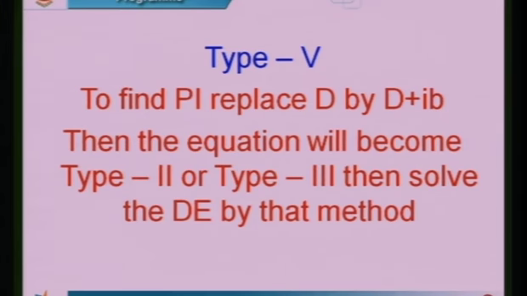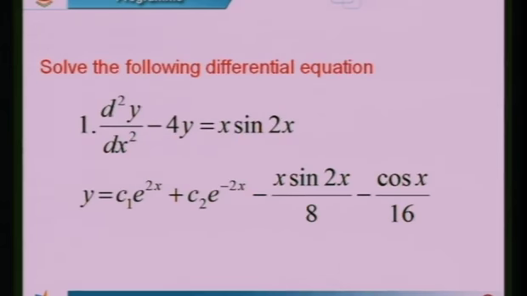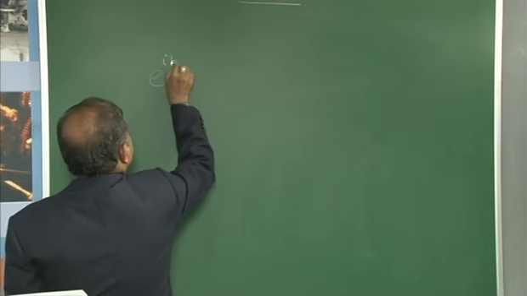So type 5 reduces first to type 4, then with the help of type 4 we do the type 2 or 3 equations. Now let me give you an example, but first see e power i bx.